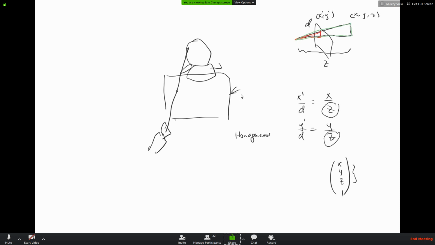What I want here is x pi, the actual location. So x pi should be x over z times d here, and y pi is y over z times d here. So I can have that if I have something like a projection.